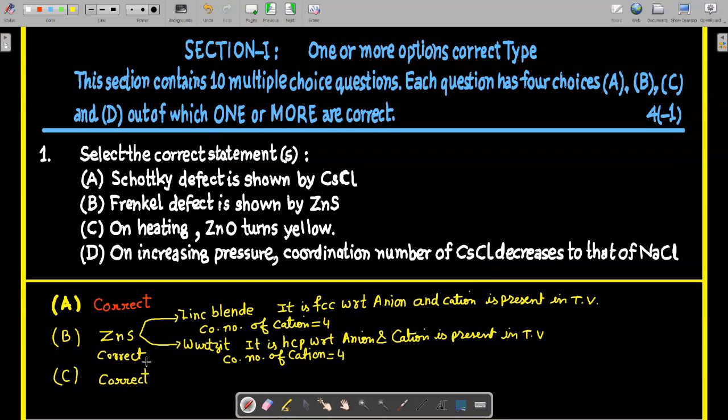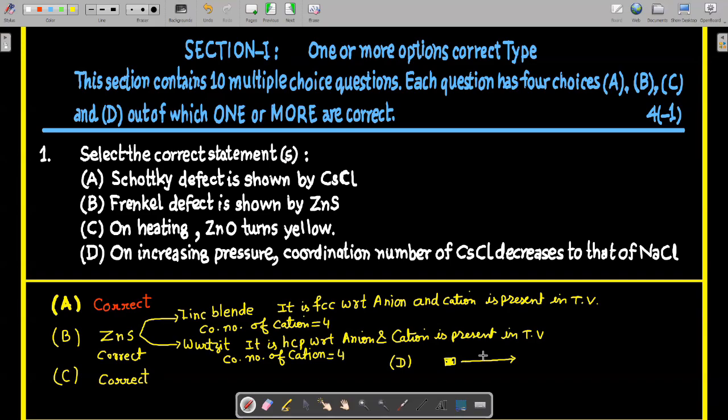D option: on increasing pressure, coordination number of CsCl decreases to that of NaCl. When we are discussing this D option, it's common sense that if we apply pressure on a substance, the ions or particles of the substance will come nearer to each other.